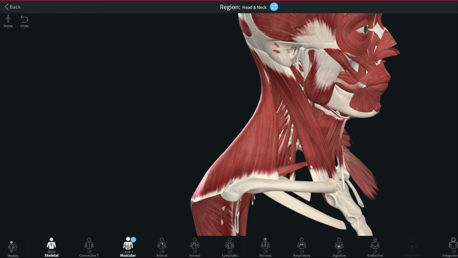So this smaller triangle is the subclavian or supraclavicular triangle, and the upper one is the occipital triangle. This is an extremely important concept, and worth remembering.